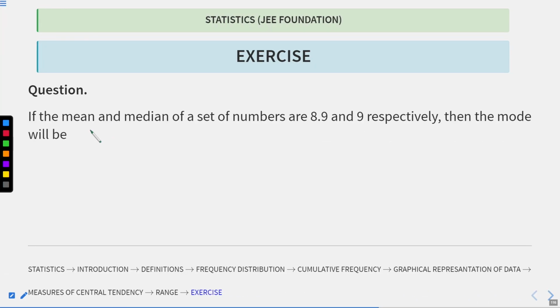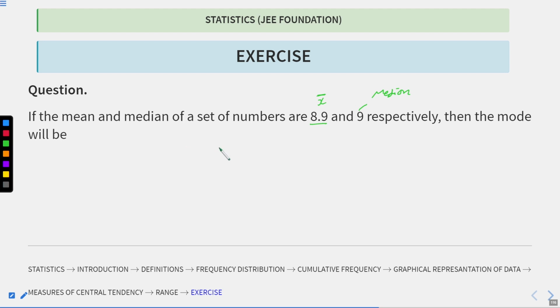Now, if the mean and the median of a set of numbers are 8.9 and 9, so 8.9 is my x bar and 9 is my median, then I have to find out the mode.